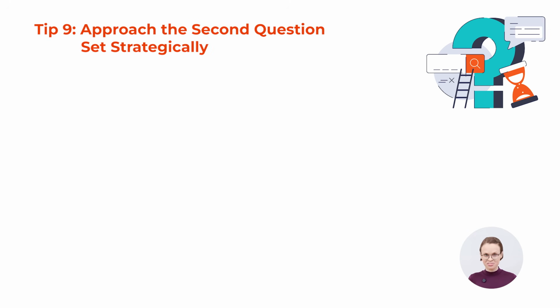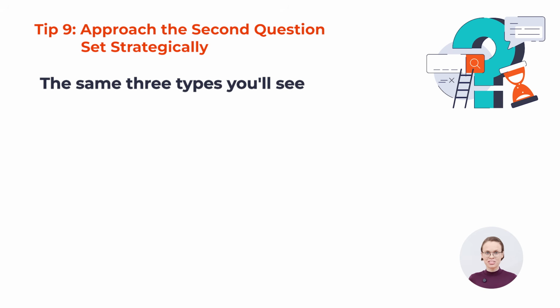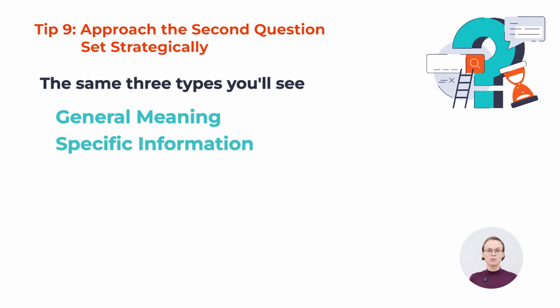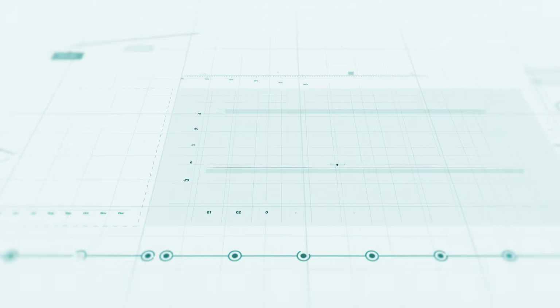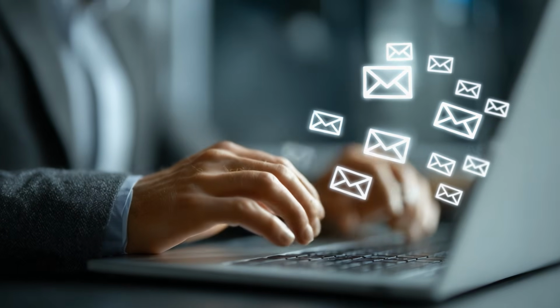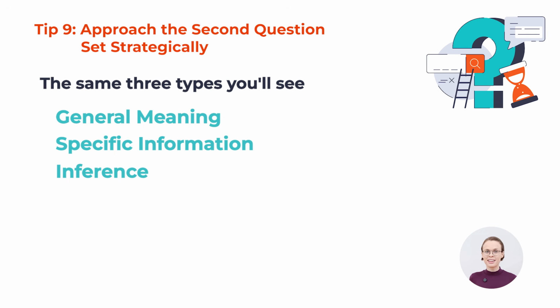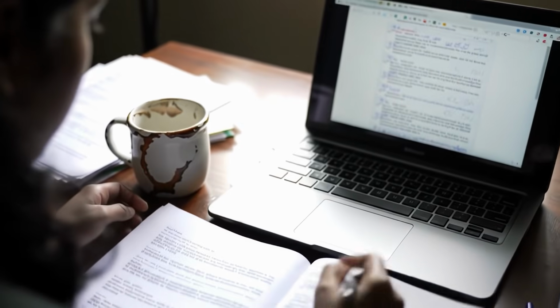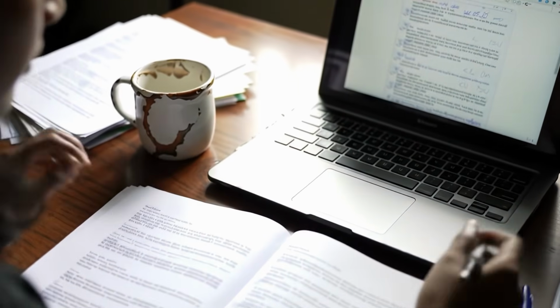These questions follow the same 3 types you'll see throughout the reading test: general meaning, specific information, and inference. If a question asks about the overall purpose of the diagram or the general message of the email, think about the big picture. If it asks for a specific detail, scan back to the relevant section and confirm the answer.